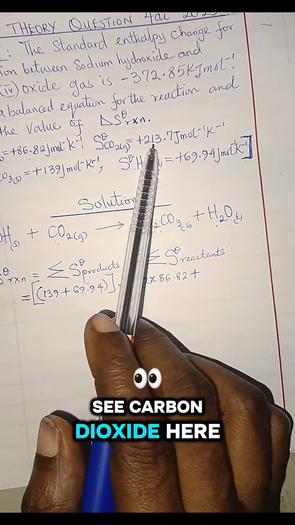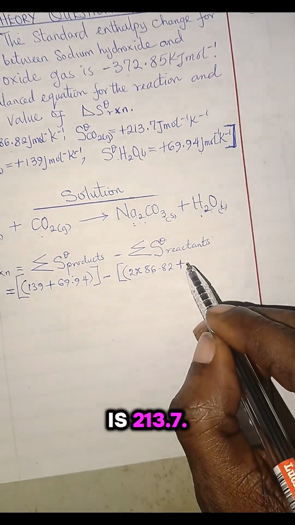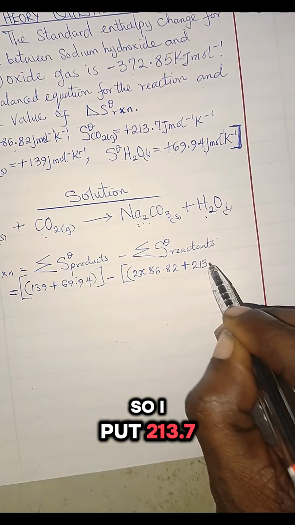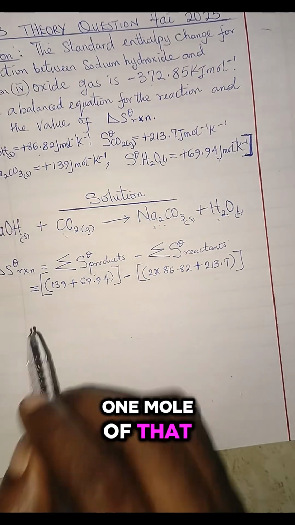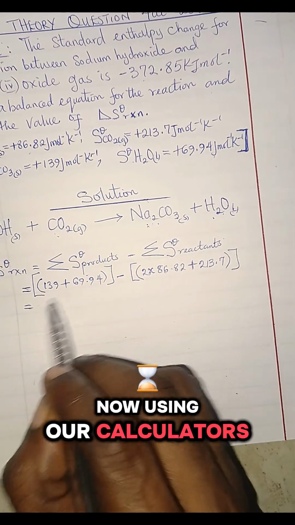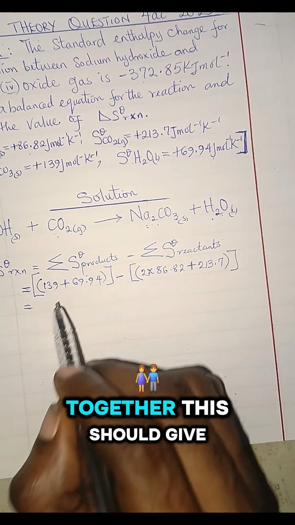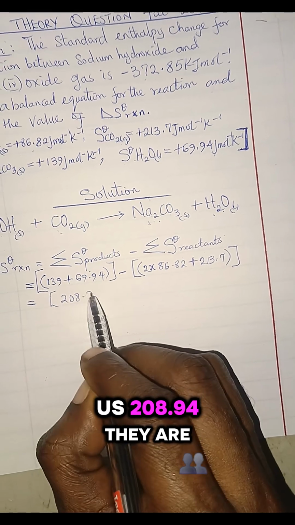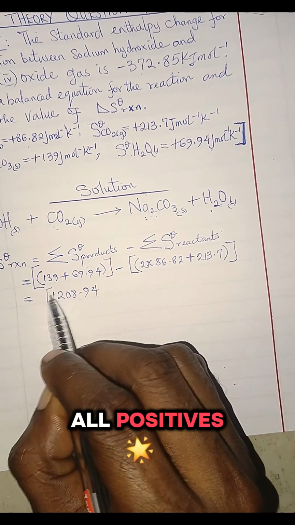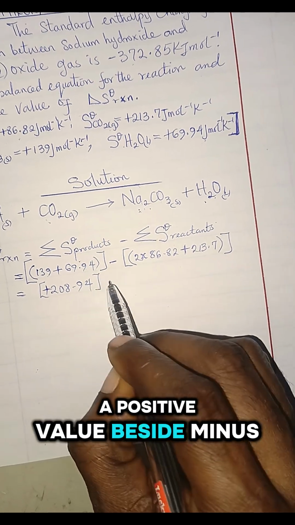You can see carbon dioxide here is 213.7. So I put 213.7 because we have just 1 mole of that. Now, using our calculators, if we sum this up together, this should give us 208.94. They are all positive, so I'm supposed to put a positive value beside it.